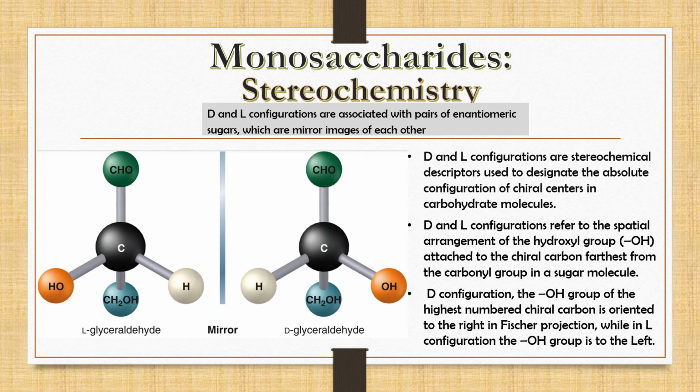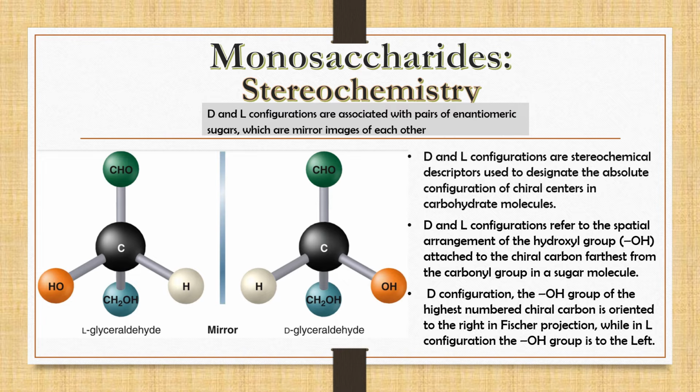For sugars having two or more asymmetric carbon atoms, the convention has been adopted that the prefixes D and L designate the absolute configuration of the asymmetric carbon farthest from the carbonyl carbon atom, or the penultimate carbon atom, or the last but one carbon atom, or the highest numbered carbon atom. The symbols D and L designate the absolute configuration of an isomer and not necessarily the sign of rotation of plane polarized light, as we will see later.